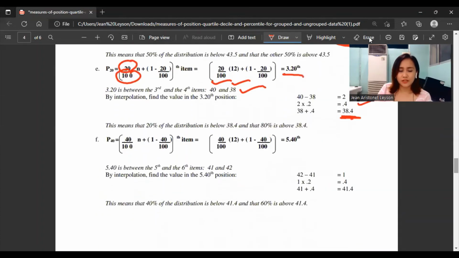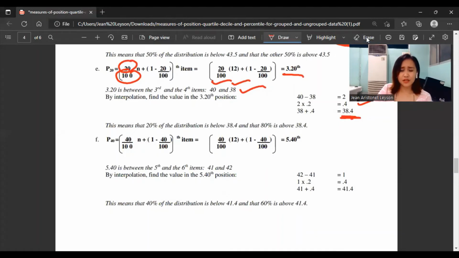So last one, we have the 40th percentile. So substitute i with 40. The denominator is 100, that's for percentile. And n is still 12 because again, there are 12 numbers in our data set.